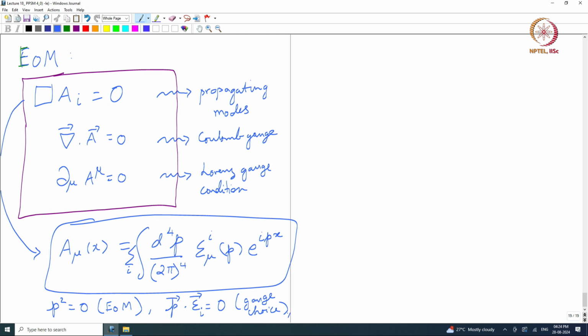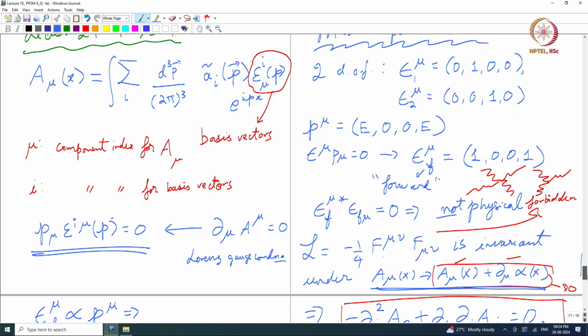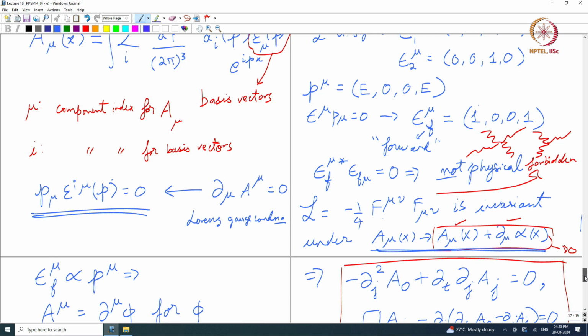And I get one more thing actually, I also get epsilon naught equal to 0 from the gauge choice. Okay, pick these 2 gauges, you will find epsilon naught is also equal to 0, right. So all of this is working out. Remember in the forward polarization we saw that when you had epsilon naught not equal to 0, you had some unphysical degree of freedom, right.